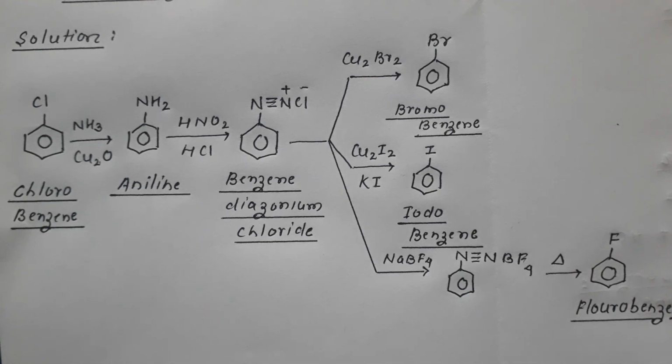Fluorobenzene can be prepared using only the Balz-Schiemann reaction. Again you can refer to that video on the Balz-Schiemann reaction. So in this, benzene diazonium chloride is made to react with NaBF4, sodium tetrafluoroborate.